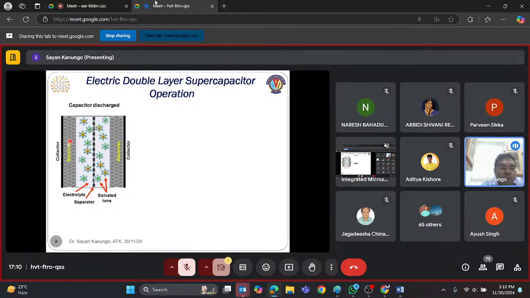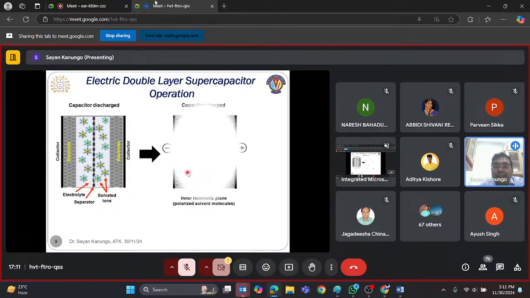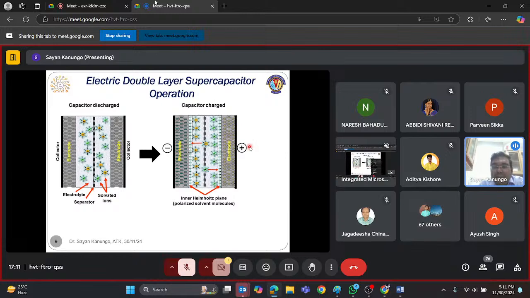And between the two electrodes, there is a solid separator that is usually introduced in the supercapacitor structure. Now these things become much more interesting when we apply a potential difference between the anode and cathode electrode, which leads to a schematic representation of the physical mechanism, something of this sort.